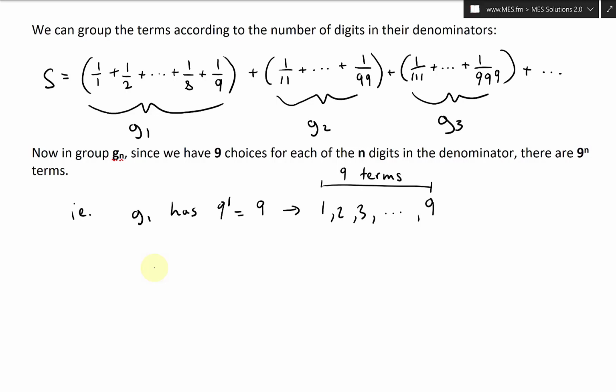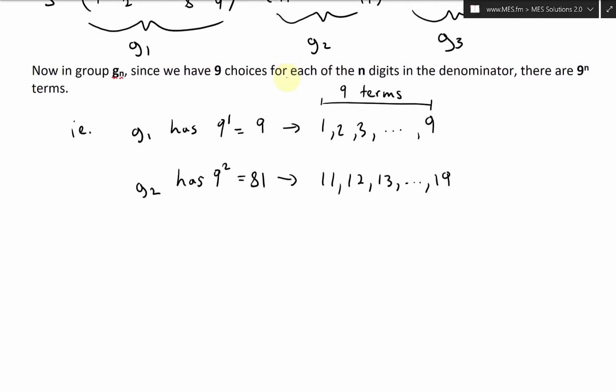And then G2, the second group, has 2 digits in each denominator. So then this has 9 squared, which equals 81. The first one's going to be 11, 12, 13, dot, dot, dot, until 19. So it's 9 terms there.